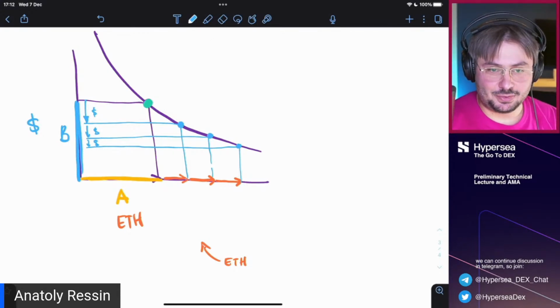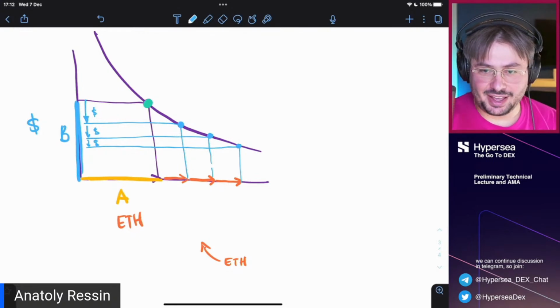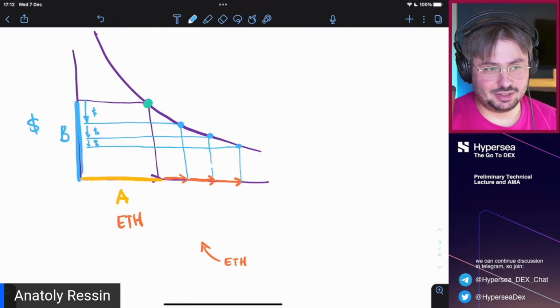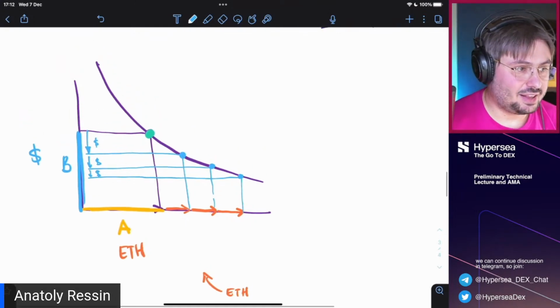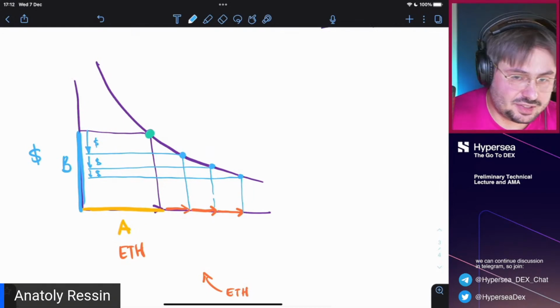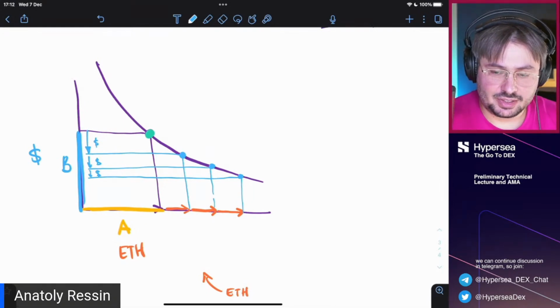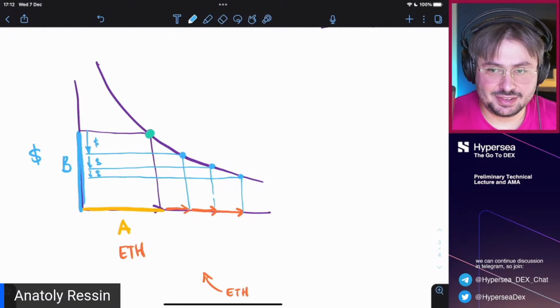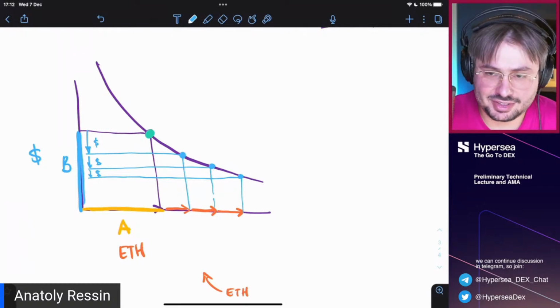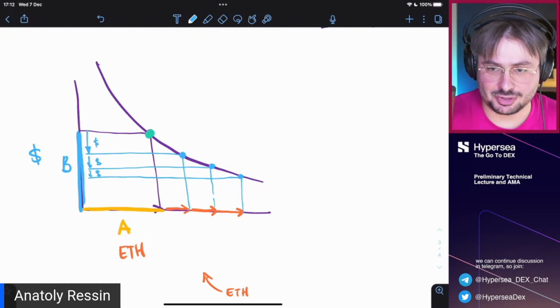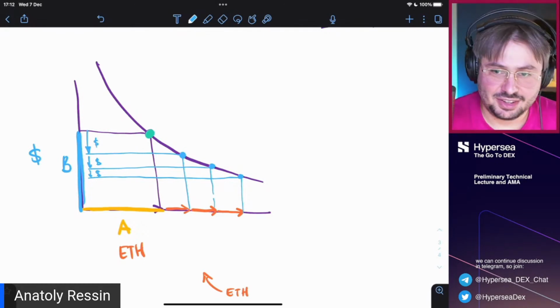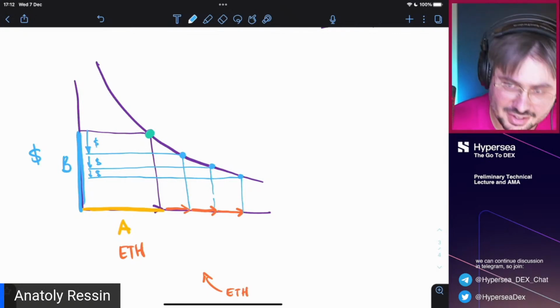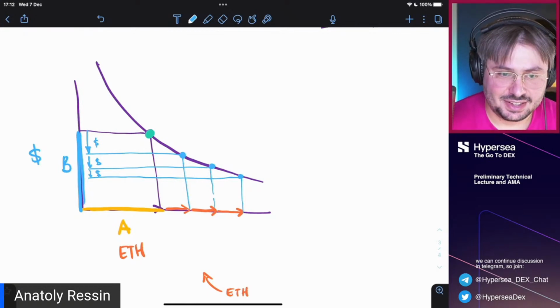So if our curve is really a curve, if it is not a straight line, then it means that if you gradually sell the same amount of cryptocurrency, then with each tranche you obtain less and less money.